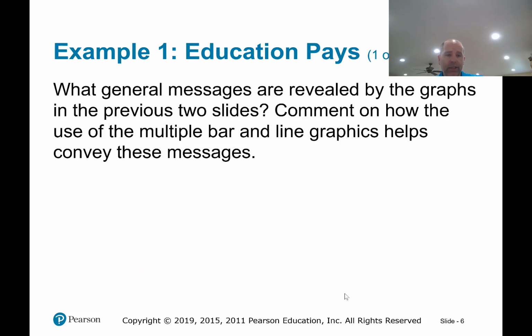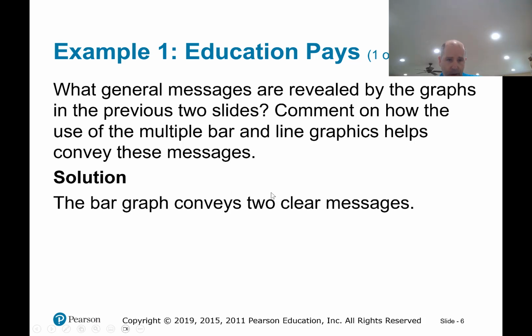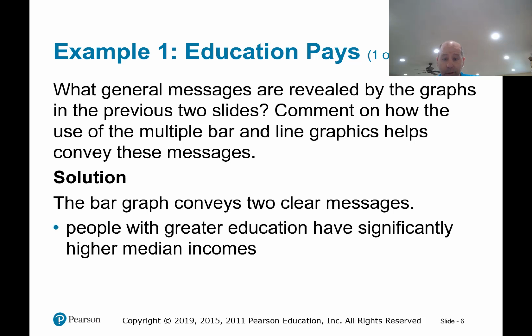So example one, education pays. What general messages are revealed by the graphs of the previous two slides? Let's comment on how the use of the multiple bars and line graphs helps convey these messages. Let's go through these. The bar graph conveys two clear messages. One, people with greater education have significantly higher median incomes.